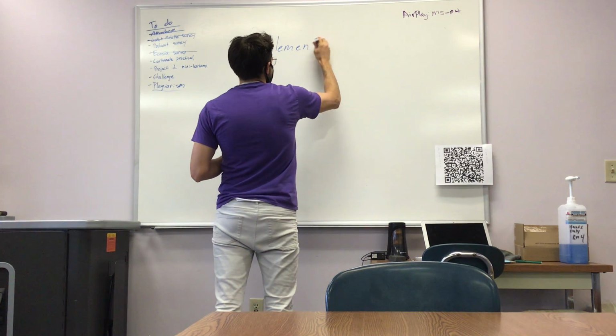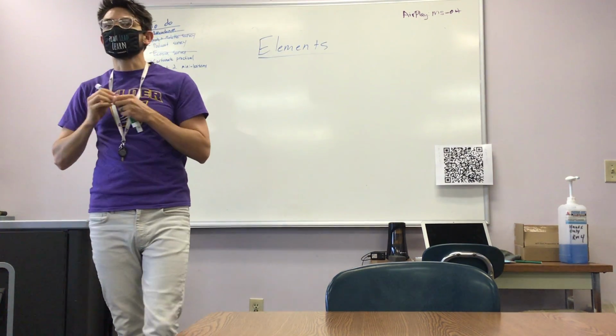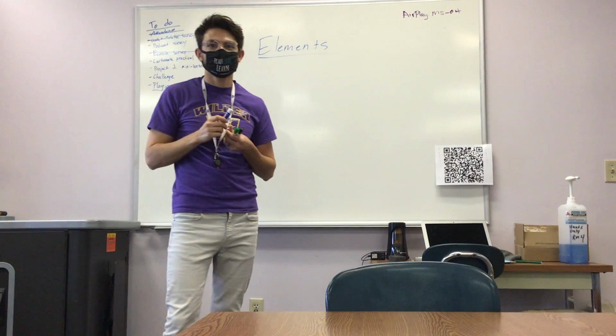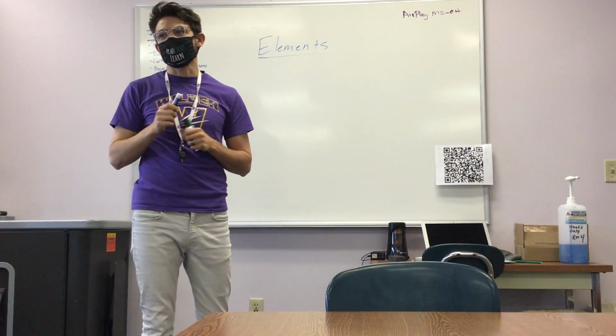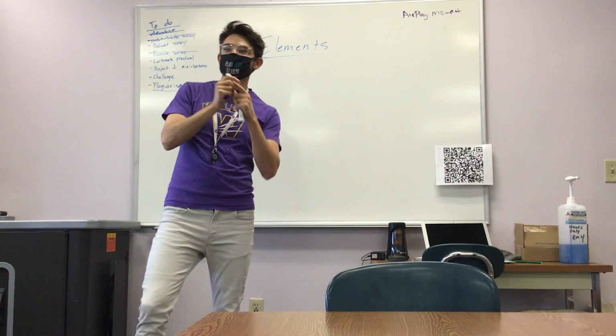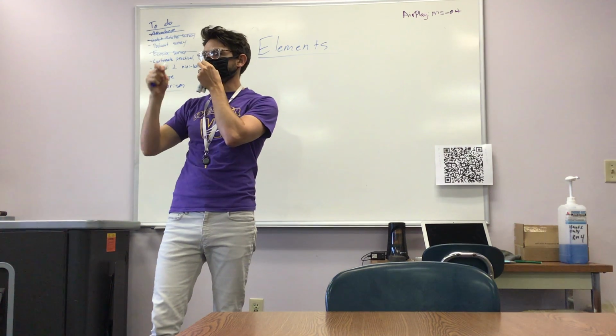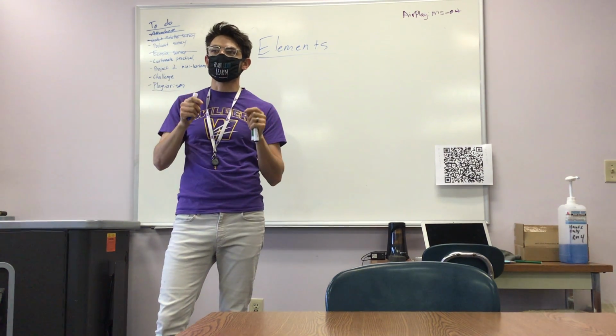Does anyone know what makes elements different from each other? The fundamental thing that makes them different. How many protons are in the nucleus? That is exactly right, Jonas. So the thing that makes an oxygen atom different from a carbon atom or a helium atom or a hydrogen atom is the number of protons.